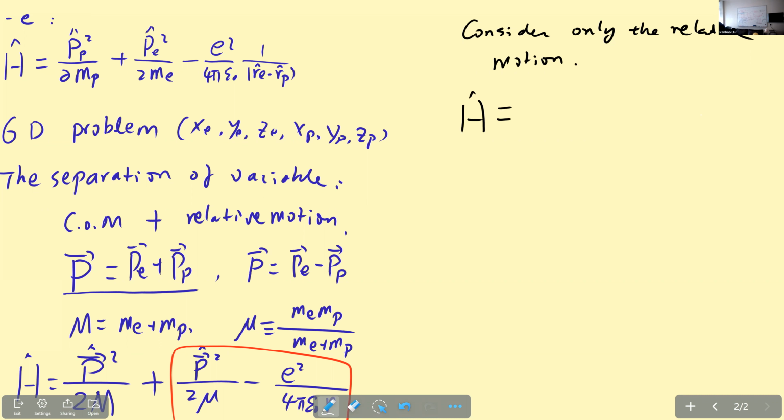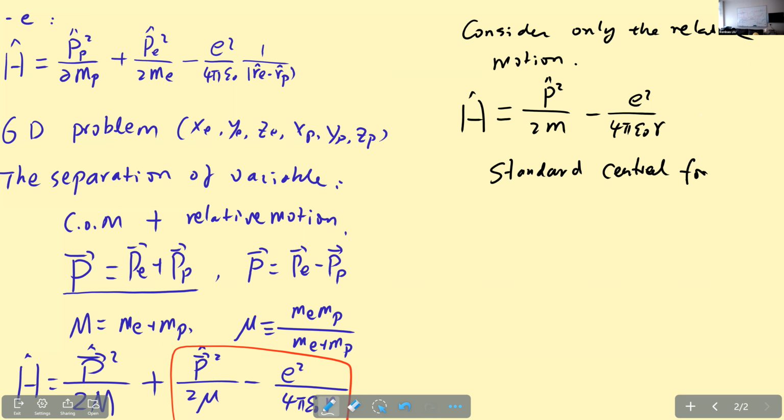Okay, but actually I have dropped the center of mass motion, and this is p squared over 2m minus E squared over 4 pi epsilon 0 and R, right? This is a standard central force problem. Okay.